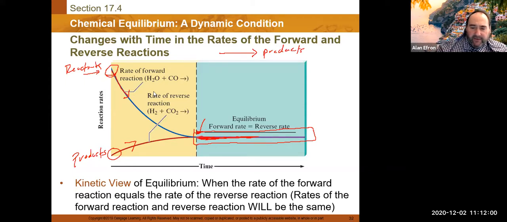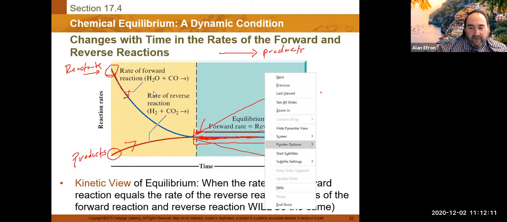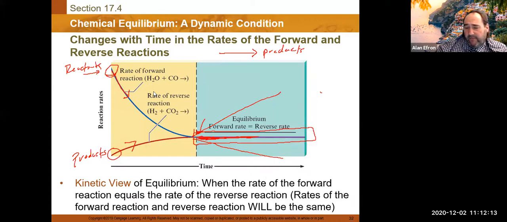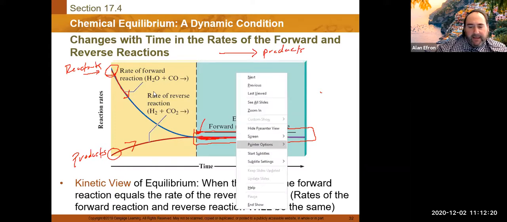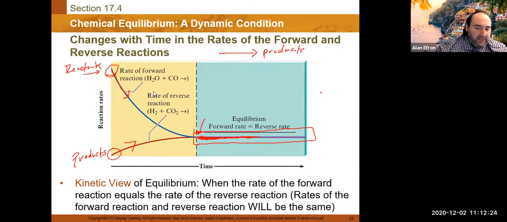We don't have this line continuing to come down, or the other line continuing to go up. They both level off, which means they are both maintaining their concentration for the rest of the run. At the point where they level off and plateau, we have reached chemical equilibrium.